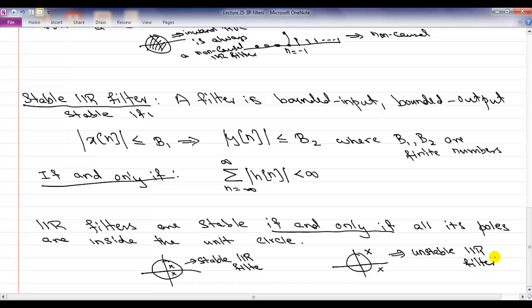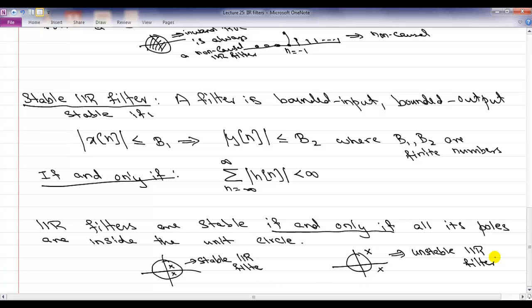And a similar kind of statement holds for continuous time systems. I just want to remind you. Now, what is the equivalent of Z transform in continuous systems? That's the Laplace transform. Okay? And in the continuous systems, the condition that comes up is that if your poles are all in the left half plane, then you have a stable system.